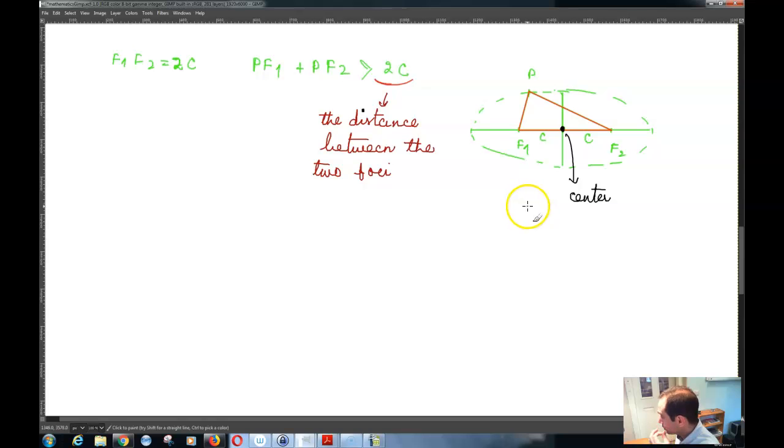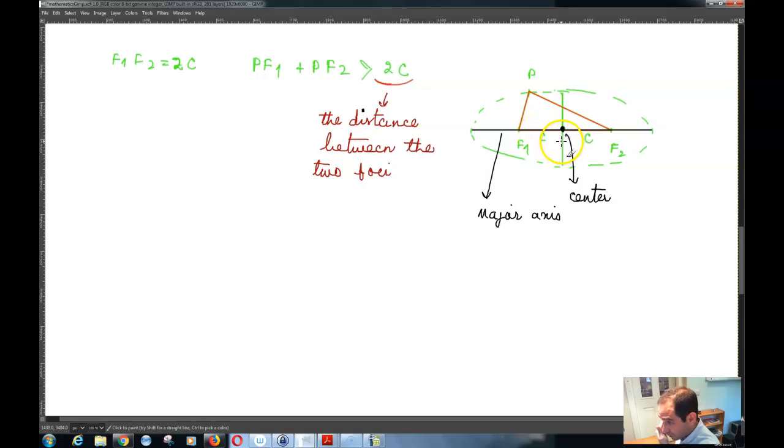And the line segment through the foci of the ellipse is called the major axis. We talked about that this axis over here is called the major axis.